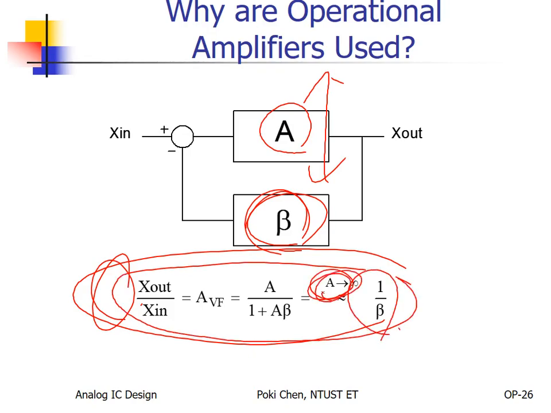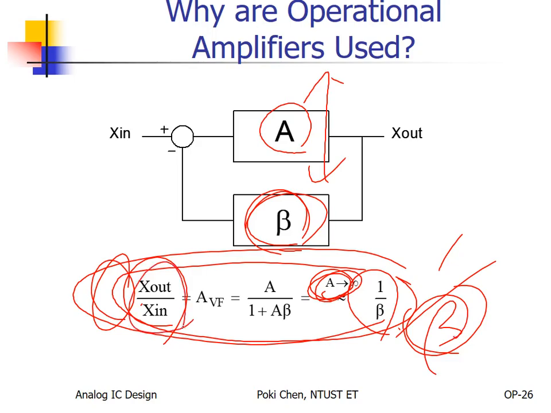If the gain is large enough, then finally the overall gain after feedback will be 1 over beta. It means only if beta is stable, then the overall gain will be stable. Maybe you will be curious why the gain cannot be stabilized and beta can.